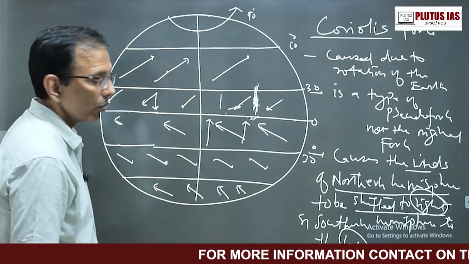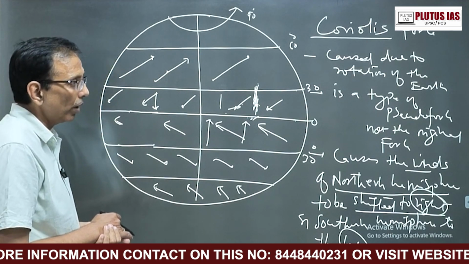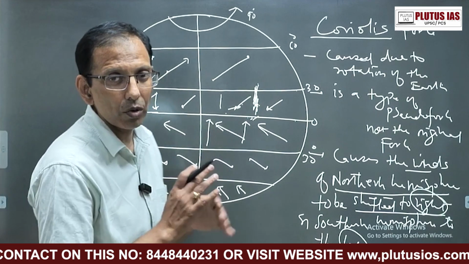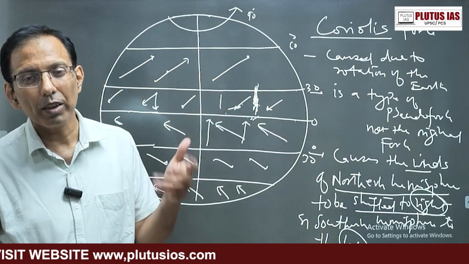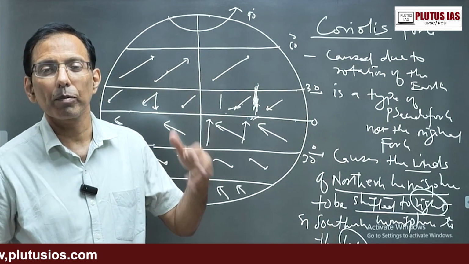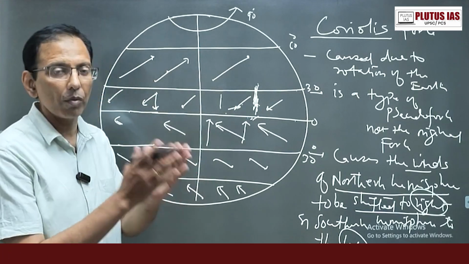This is the way to find out the actual direction of movement of the wind. This is not a true force, it is caused due to the rotation of the earth, but the impact would be seen with respect to the original direction of movement of wind.